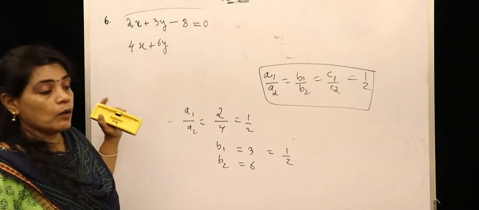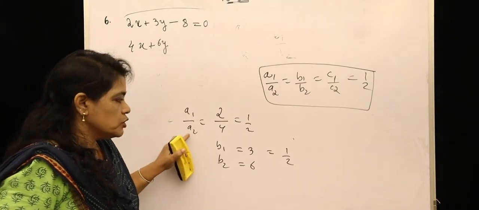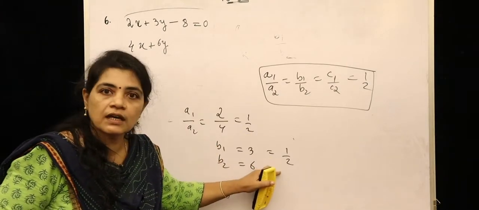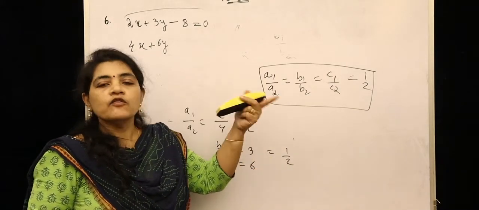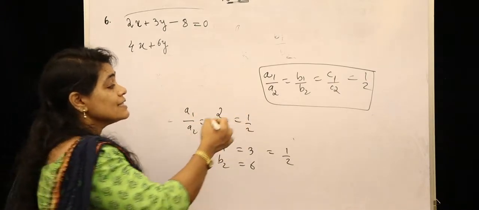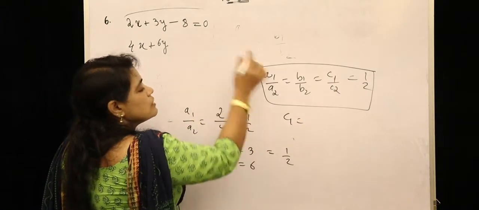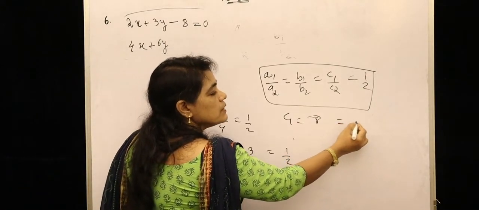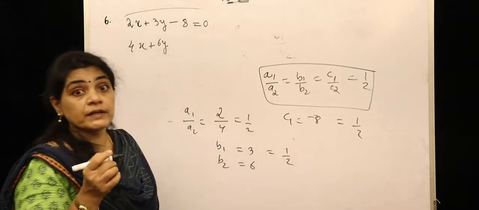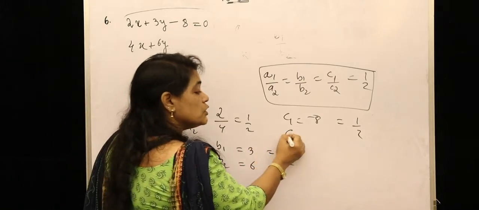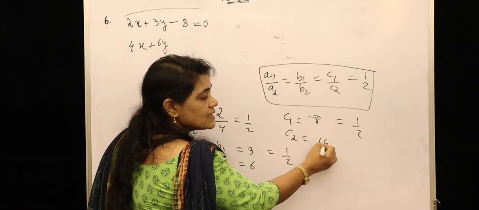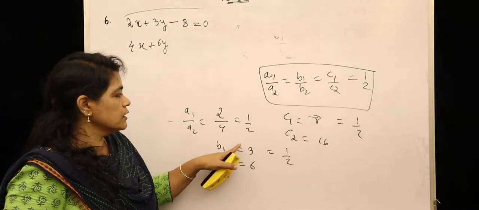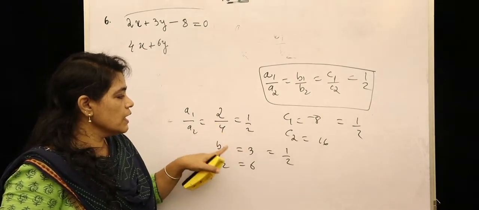Understood? So what happened now? A1 by A2 I made equal to B1 by B2. Both ratios are now 1 by 2. And for C1 by C2, in the given equation C1 is minus 8. With the ratio C1 by C2 we must get 1 by 2. The sign should be taken care of, children. So C2: if you write 16, it's double. Here the double of 1 is 2, of 2 is 4, of 3 is 6.